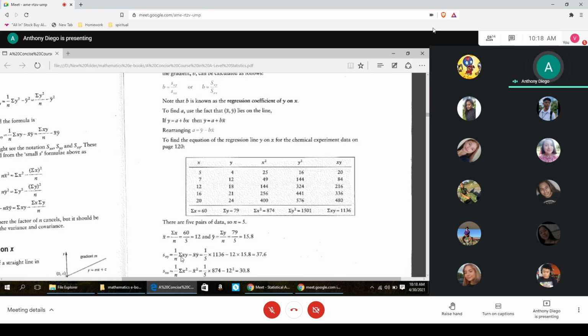So here, for the summation of xy, n is the number of values that you have. So it was 5 values: 1, 2, 3, 4, 5. So 1136 over 5 minus 12, that's x bar, and then y bar, 15.8. But you could use a bracket for this rather than times. What you will see when we do an example will be much simpler than this one.